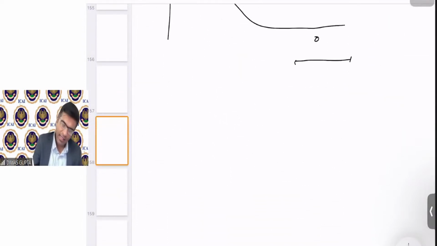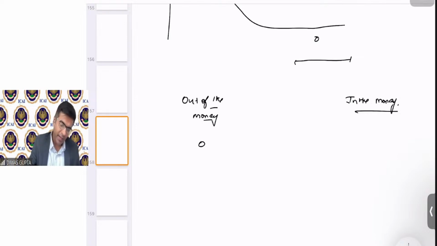So, can we say that if it is out of the money, delta is 0, and if it is in the money, it is -1.